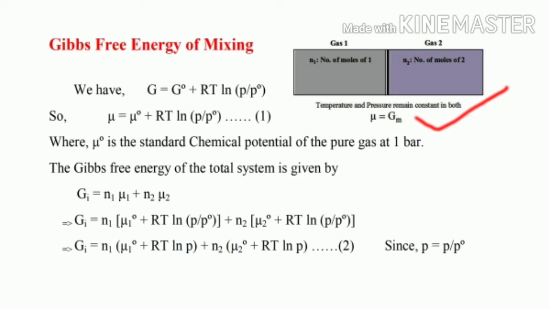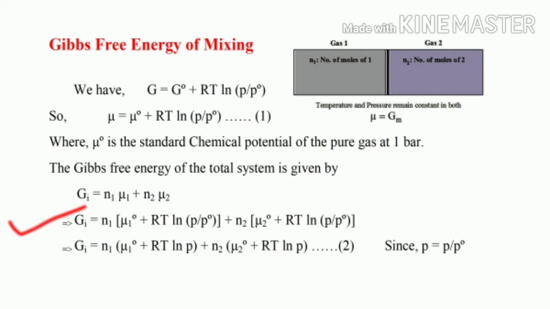So we have this relationship G is equal to G naught plus RT ln P by P naught, where G naught is the standard free energy, P is the partial pressure, and P naught is the partial pressure at 1 bar. So mu equal to mu naught plus RT ln P by P naught, give it equation number 1, where mu naught is the standard chemical potential of the pure gas at 1 bar pressure.